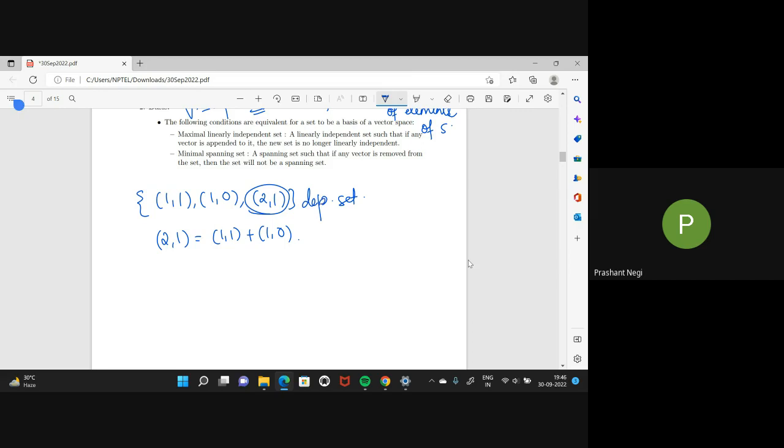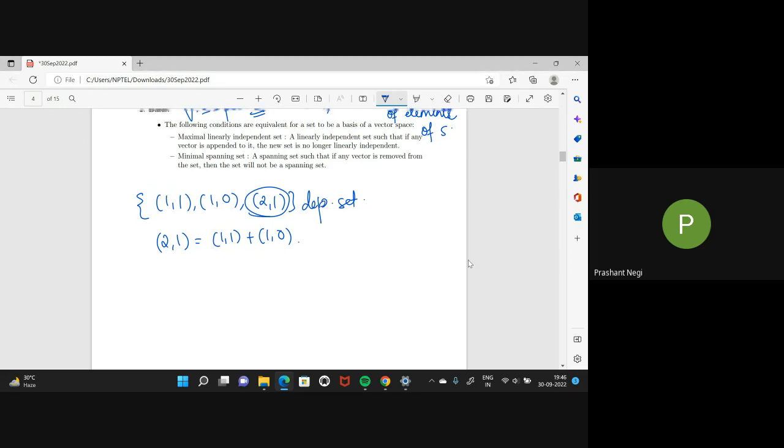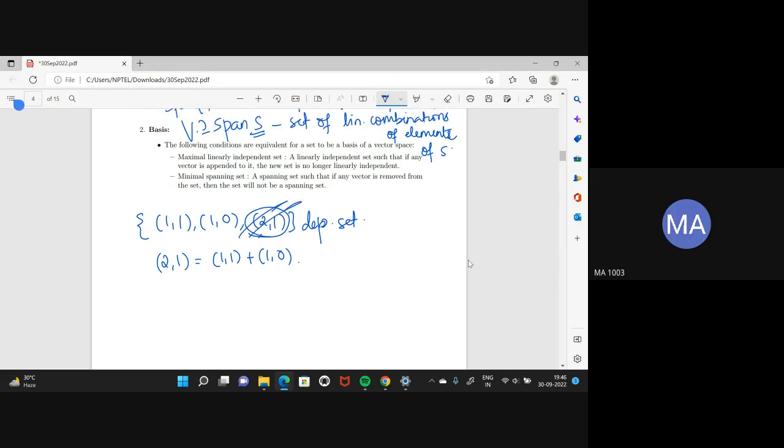Ma'am, now what is a basis in this? You remove the unnecessary information, keeping a maximal linearly independent set, and these two vectors will become a basis. Does this span R2? Yes, ma'am. Is there any unnecessary information? No, ma'am. So this is a basis. It is a minimal spanning set.